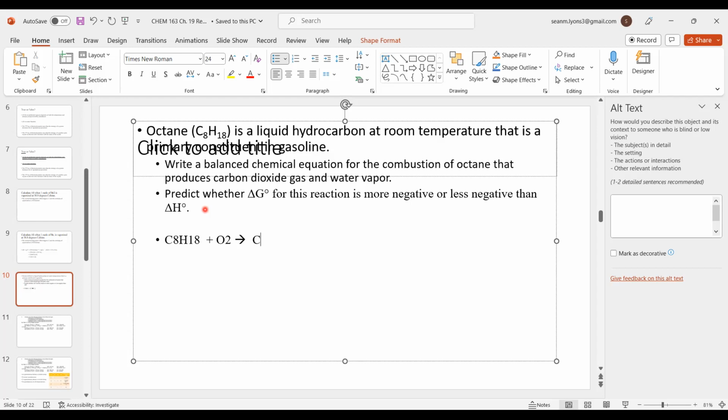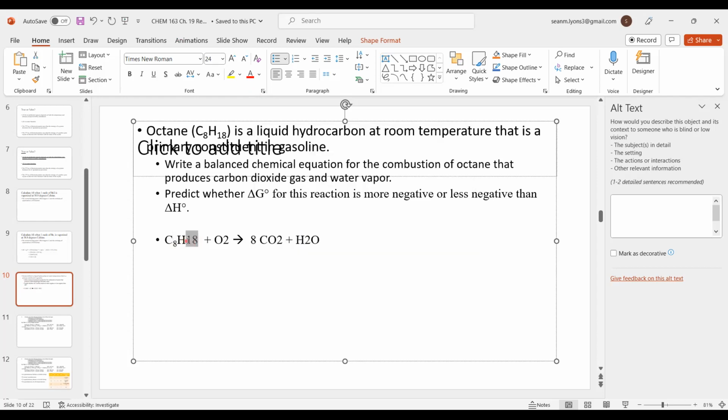So we'll go to carbon dioxide, CO2, plus water vapor, so H2O. And with it, we just want to make sure that we're balancing the reaction, because if we look at it now, we've got 8 carbons on the left, but only 1 on the right, so we need to put an 8 for carbon dioxide on the right. Let me just make these subscripts so it's a little bit easier to see what's going on.